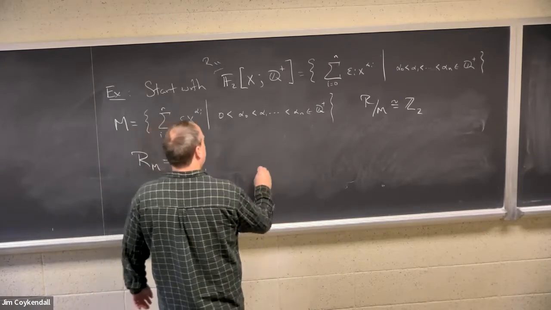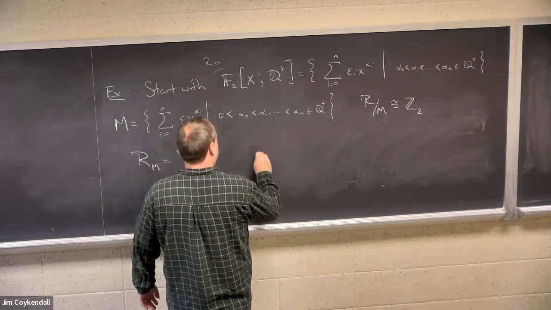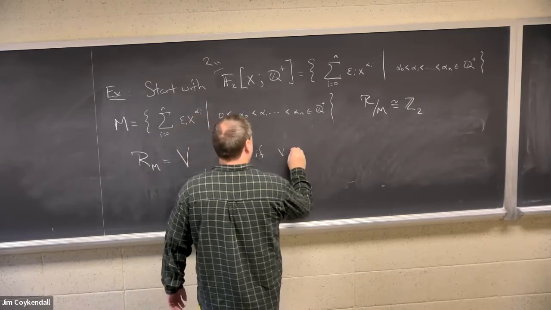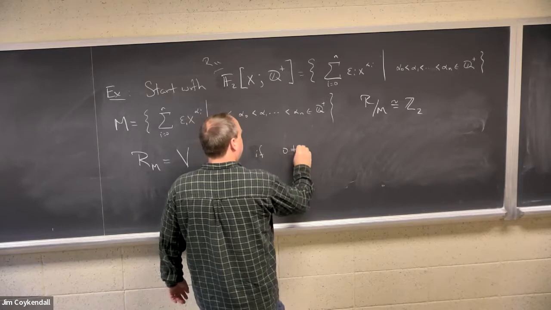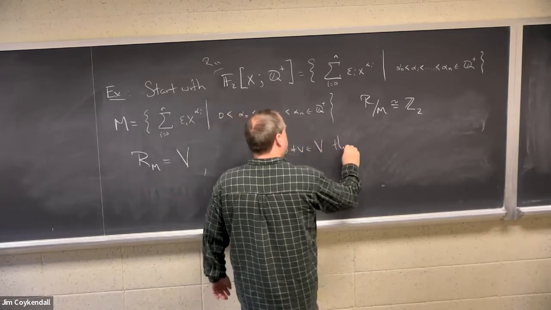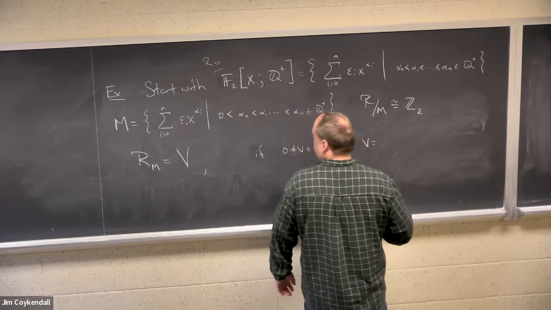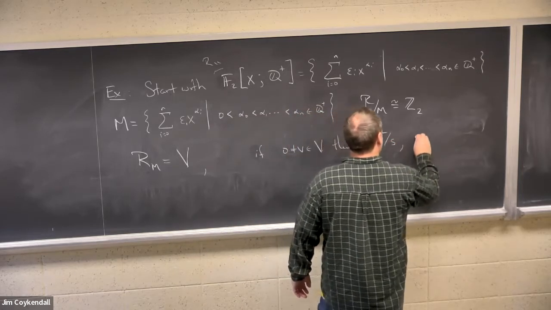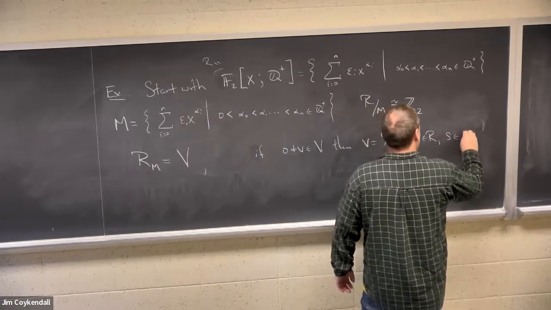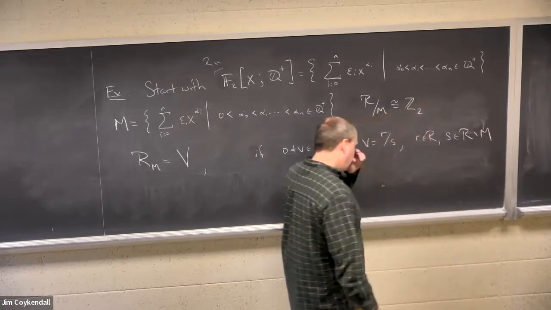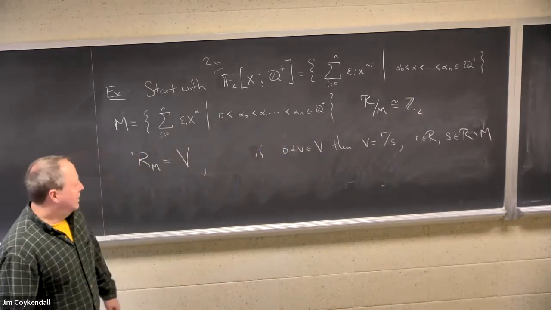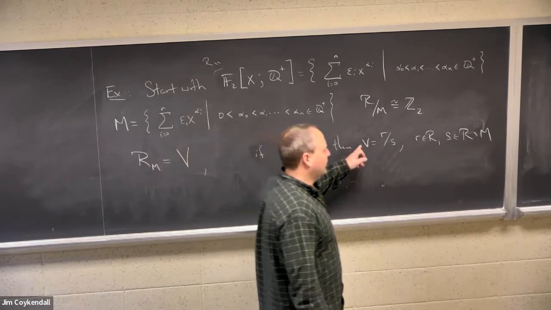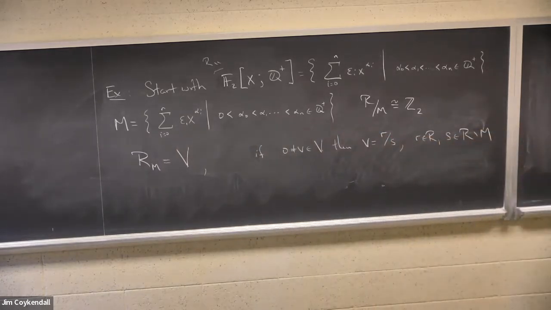And my argument was this. In a localization B, a typical non-zero element looks like a fraction, where the numerator is a non-zero element of R, and S is an element that is not in the maximal ideal.